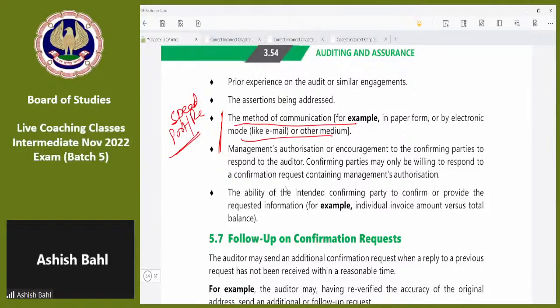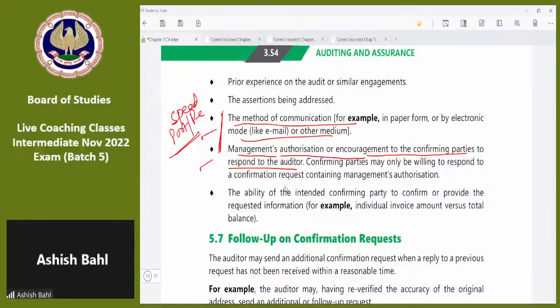Another very important thing is management's authorization or encouragement to the confirming parties to respond to the auditor. Now the management of the company whose accounts are being audited should also persuade and encourage the persons from whom external confirmations are being sought to respond.